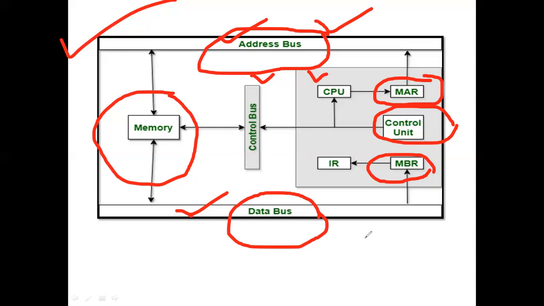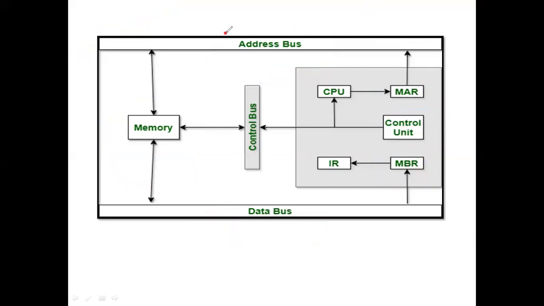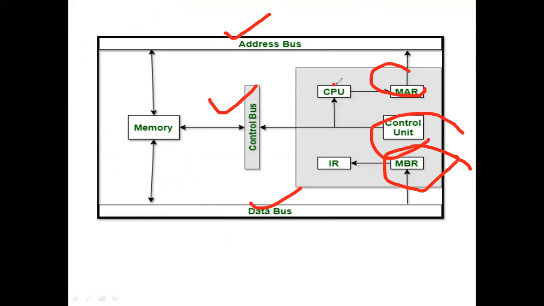So you need to focus on this. Once more: address bus, MAR; data bus, MBR; control bus, control unit, CPU. And the CPU is directly linked with the MAR. The IR, instruction register, is directly linked to the MBR.